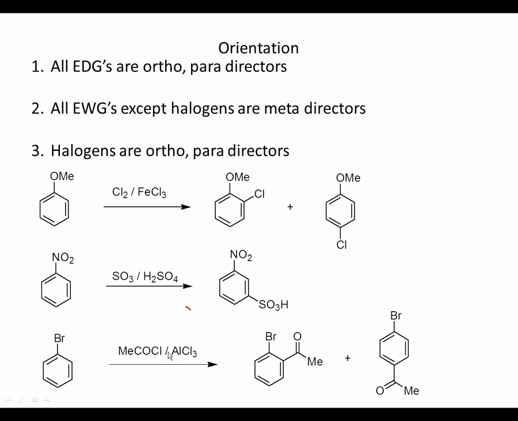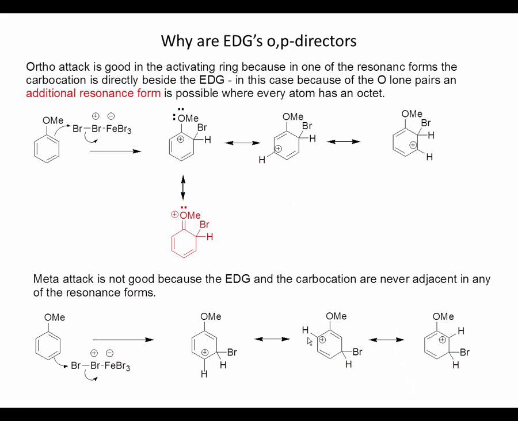So in this Friedel-Crafts acylation reaction shown here, you would expect to see mostly the ortho and para products, and again, more para than ortho in most cases.